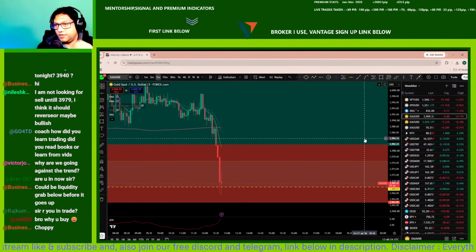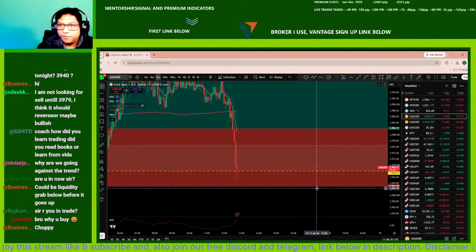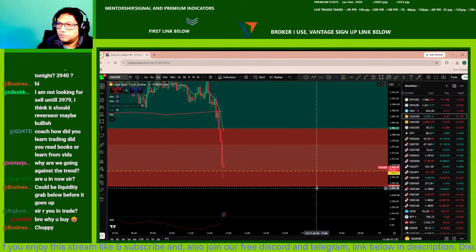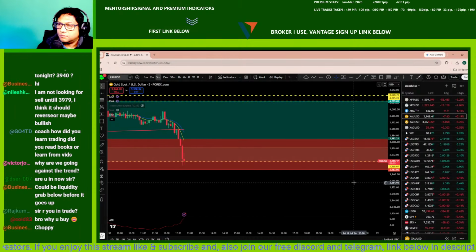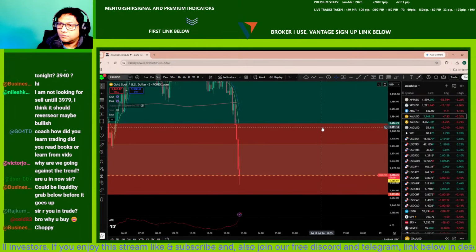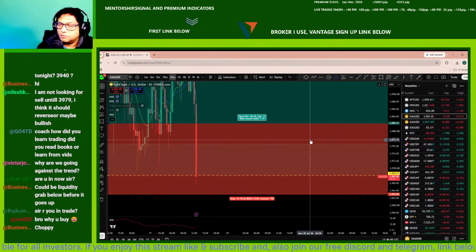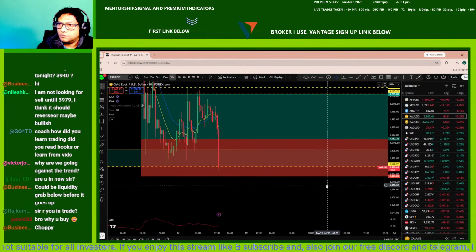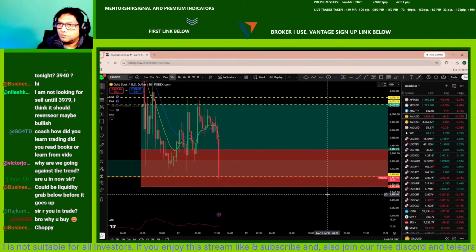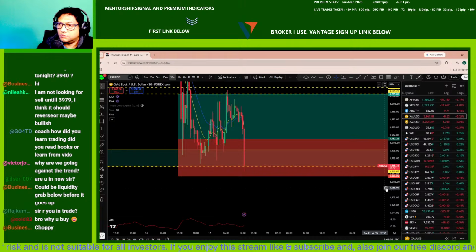How the market structure is created here is very important to look at at this point. I think this might try to deepen further.